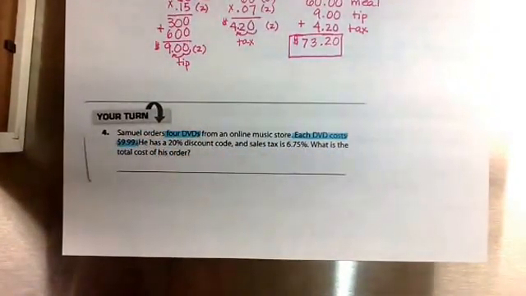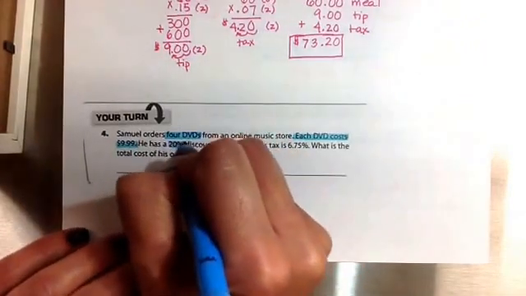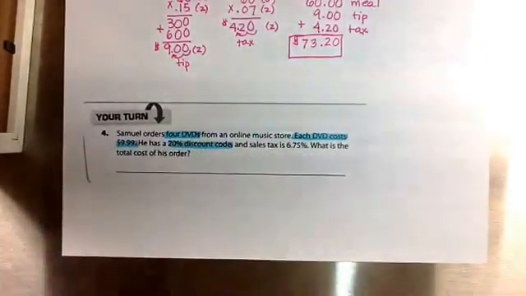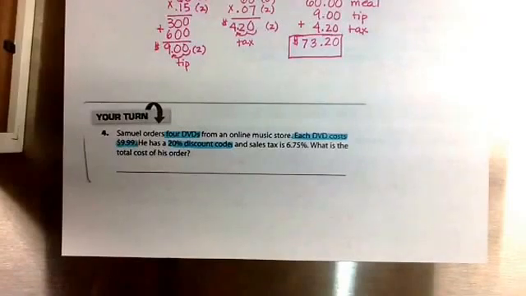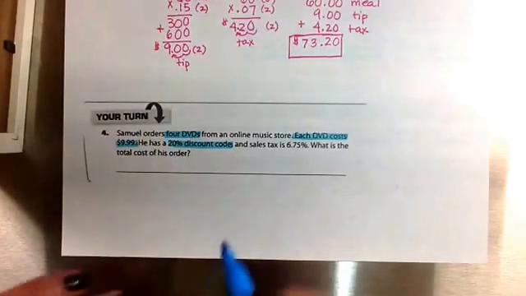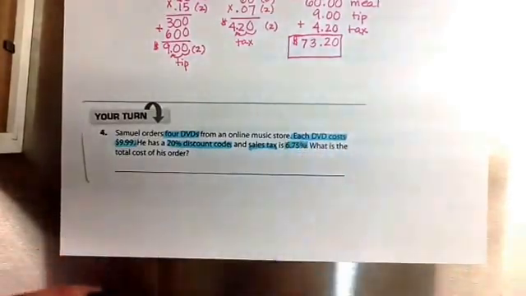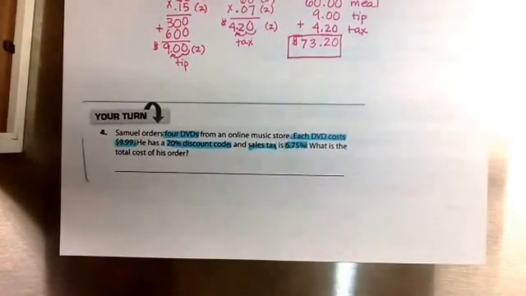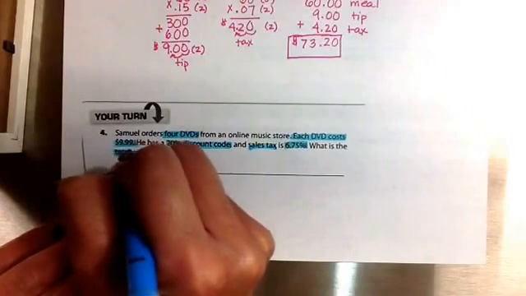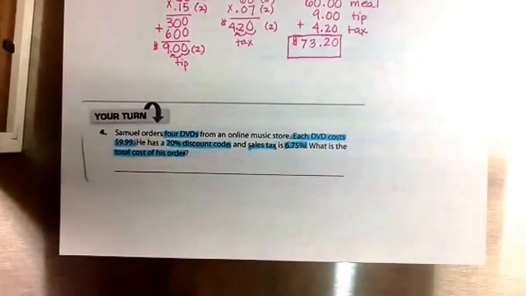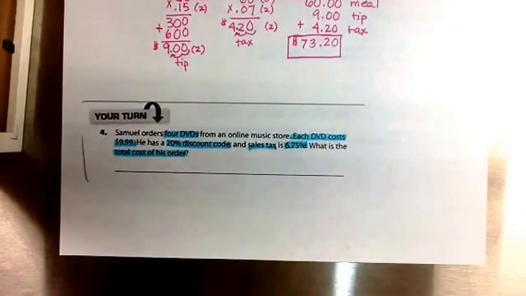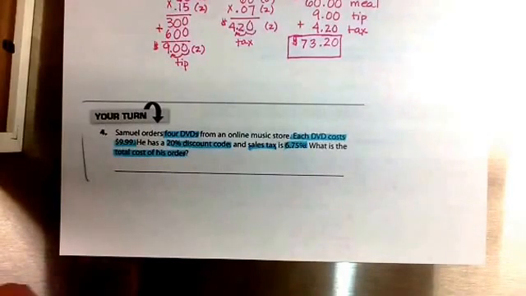He has a 20% discount code that he's putting in online to get his discount. There is a sales tax of 6.75%. The question is, what is the total cost of his order? So this one's a doozy. Let's see if you were taking the right steps to solve it.